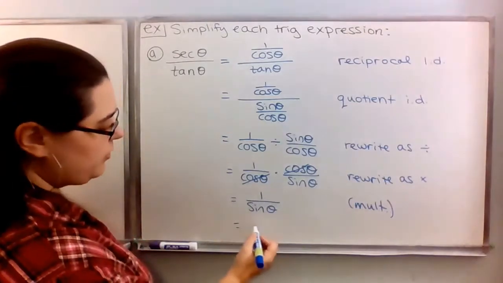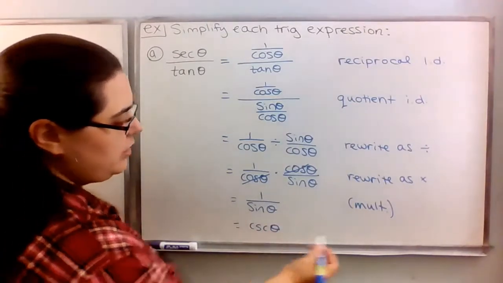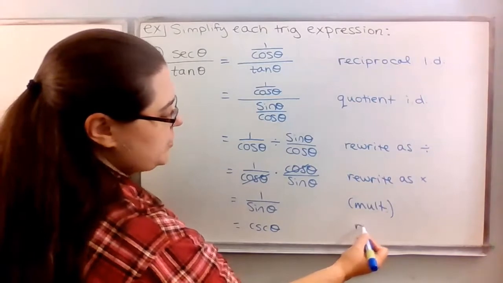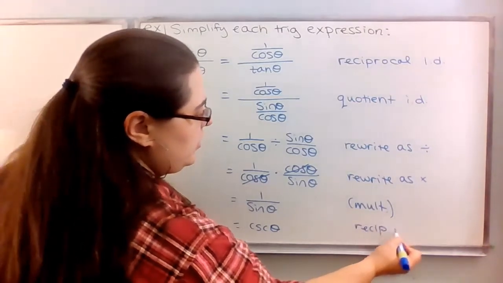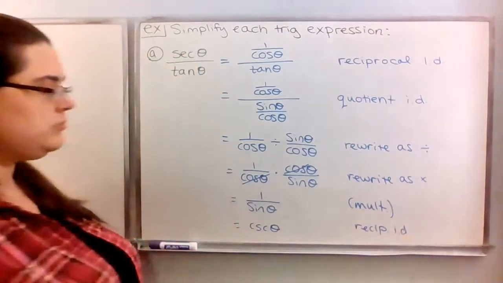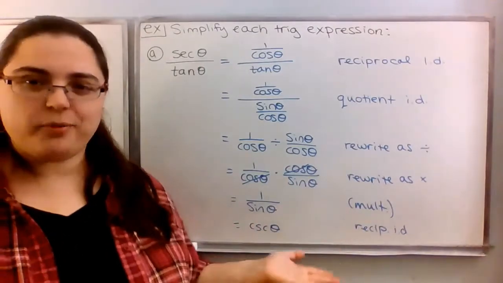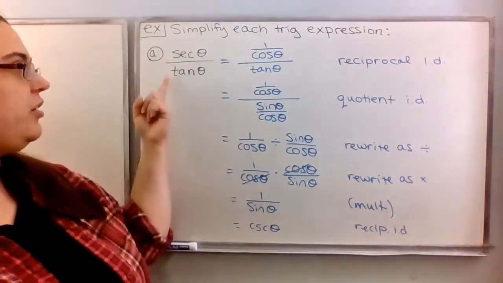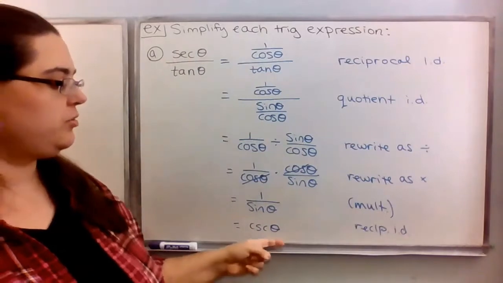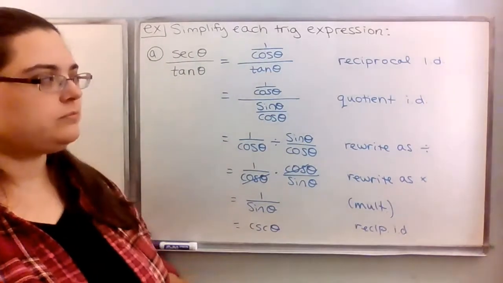So why don't we do that? We'll write that as cosecant of theta, and that is by a reciprocal identity. So there we go. We've simplified secant theta over tan theta into cosecant of theta.